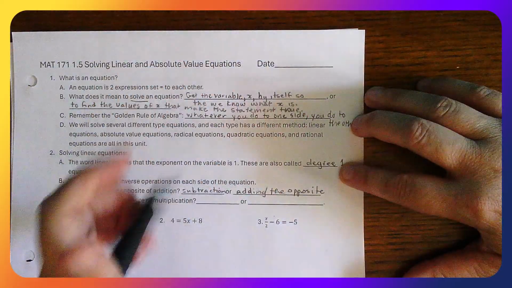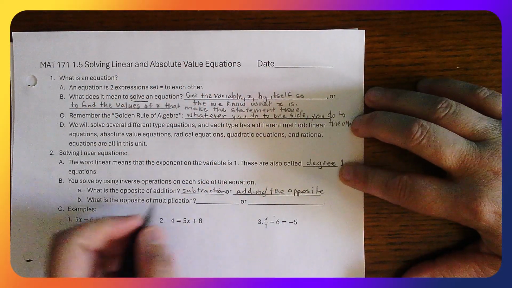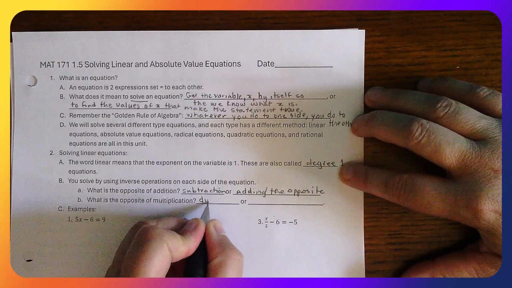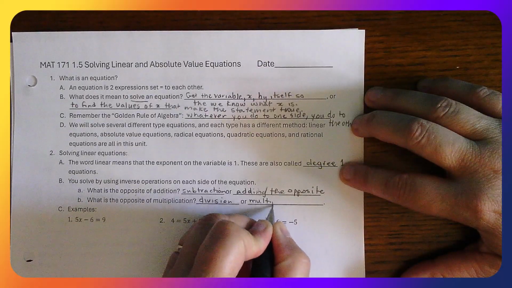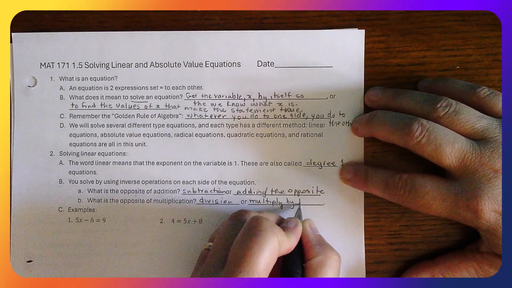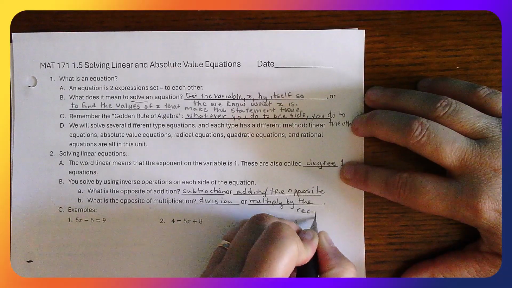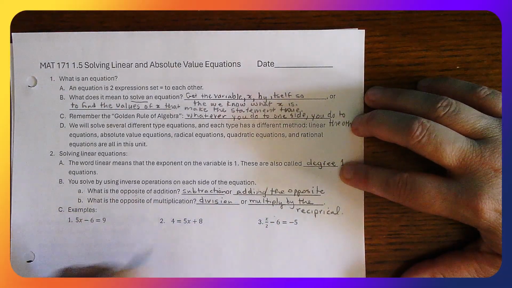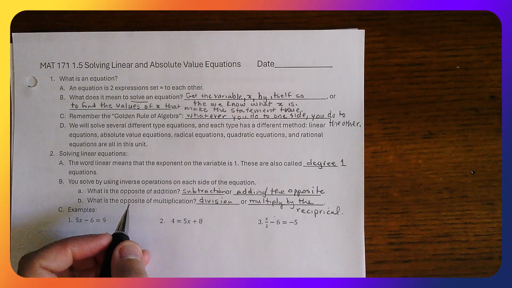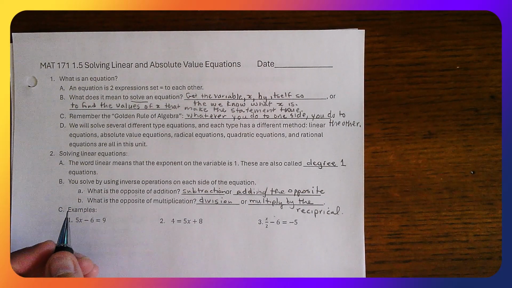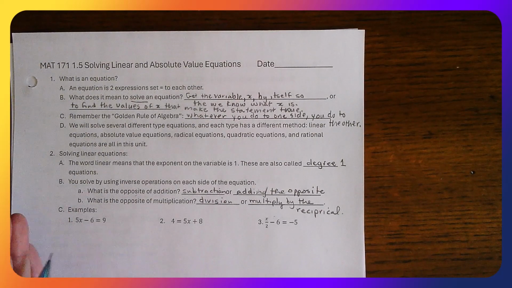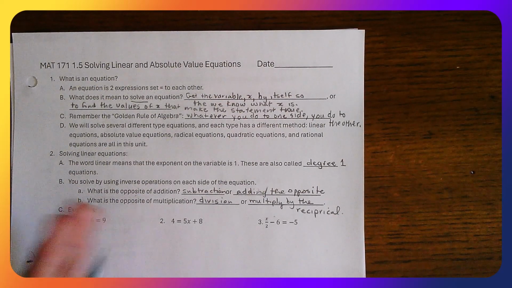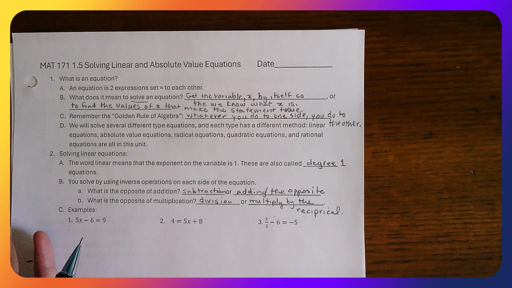And the opposite or inverse of multiplication is division, or multiplying by the reciprocal. So you always want to be thinking about what is happening to x. What is the operation that the numbers that you see are doing? And you want to undo what's being done to the variable.